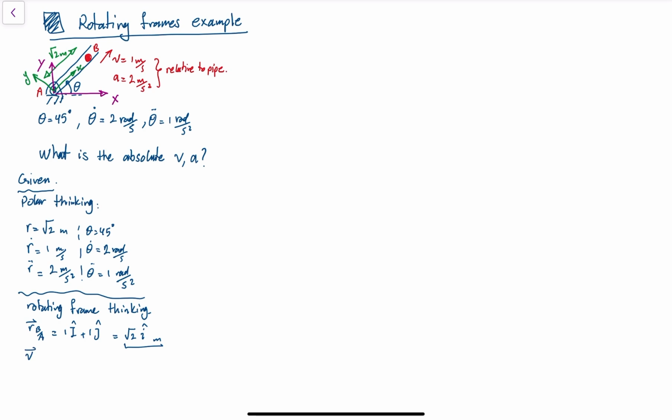But note that this velocity, in the terminology that we need, is velocity of B relative to A as observed by an observer that sits on the pipe and turns with the pipe. So this one is 1 i. Similarly, the acceleration that we are given is acceleration of B relative to A, again as observed by the pipe dweller, and this one is 2 i.